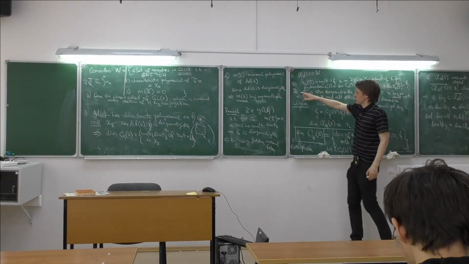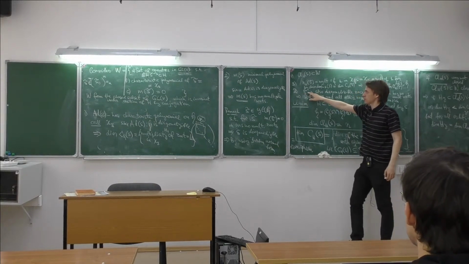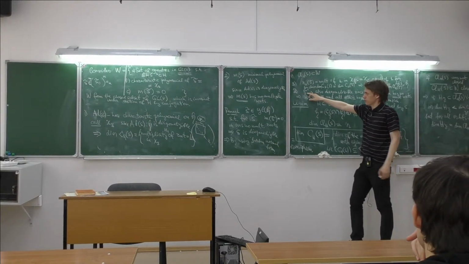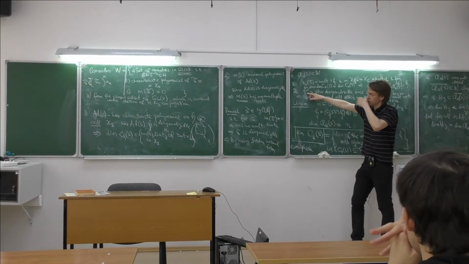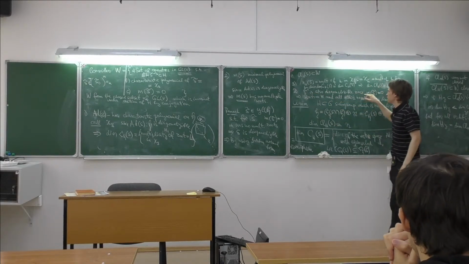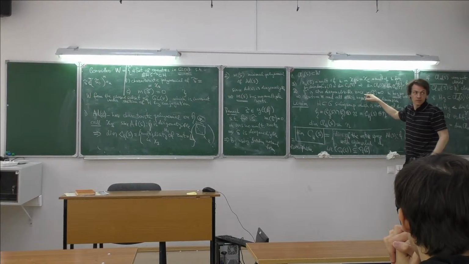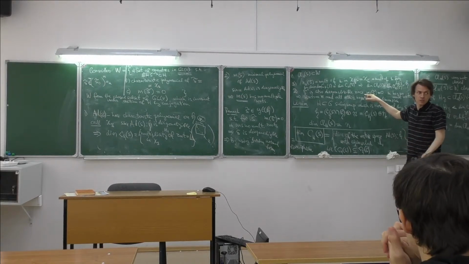So first of all, you notice that if you take any element from W, then it will be diagonalizable. Yeah? If it is diagonalizable, it is semi-simple.